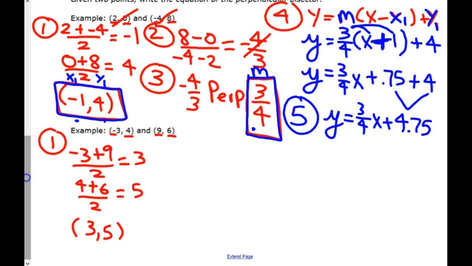Okay, step 2. Can you get the slope? So y2 minus y1. So, sir, what's y2? Which one of these numbers? Minus, what's y1? Okay, good. So 6 minus 4 over, and then x2 minus x1. What's x2 minus x1 on the bottom? 9 minus negative 3.